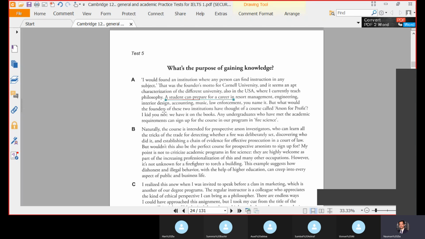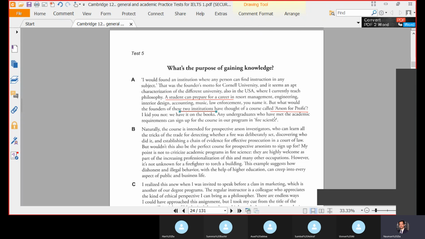But what would the founders of these 2 institutions have thought of a course called Arson for Profit? Right? 2 institutions. I kid you not. We have it on the books.